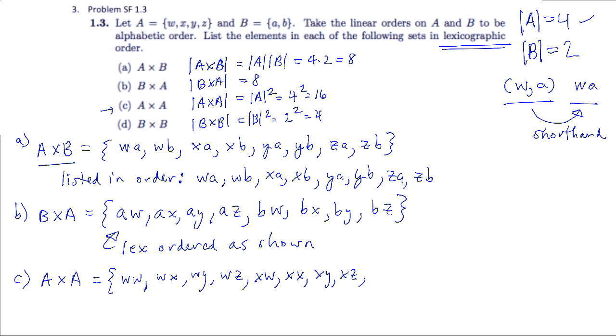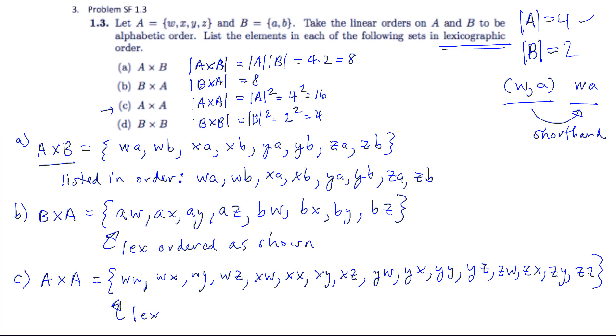Now I move on to Y, and I take the 4 elements in order after the Y. YW, YX, YY, and YZ. Finally, Z. There's 4 of them. ZW, ZX, ZY, and ZZ. Just enough room here. And I'll say lex ordered as shown.